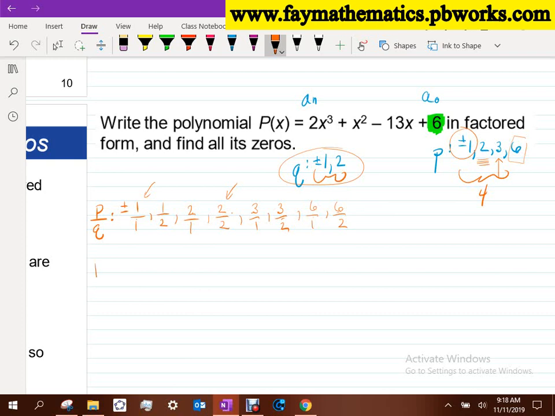Now, some of those are redundant, and this is the idea, is that we don't want to have the redundant ones in here. So plus or minus 1, this is plus or minus a half, plus or minus 2, that's redundant. I already got it in there, so I don't need it again. Plus or minus 3, plus or minus 3 halves, plus or minus 6. That one's redundant as well.